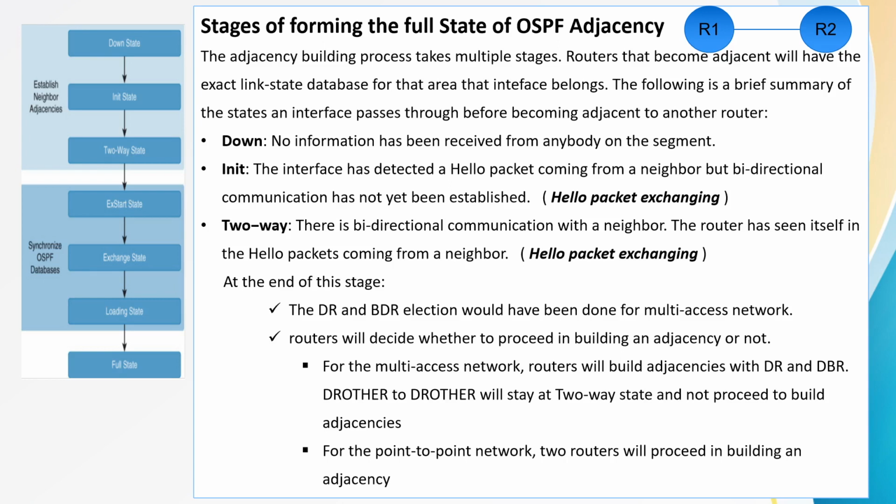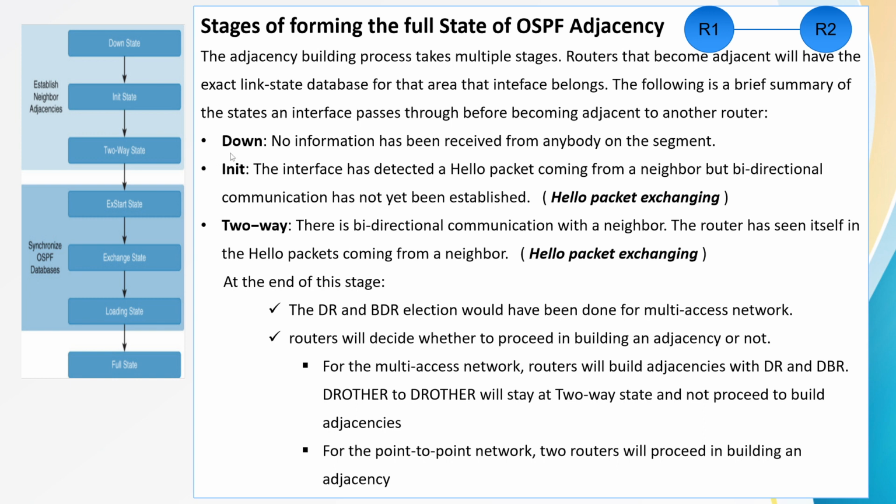The following is a brief summary of the states an interface passes through before becoming adjacent to other routers. On my right-hand side, I list each state. Let's go through every state.